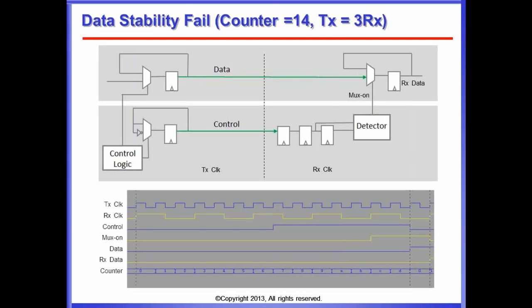Now, looking at this failing case, for instance, and this is a waveform generated by the formal tool, you see that in this case, data stability fails. You have the control signal going up after half of the counter value. Then you see 2 edges later of the receiving clock, you see the max control going up. Data changes when the counter wraps, and then it's taken over by the next edge of the receiving clock, which is a failure.